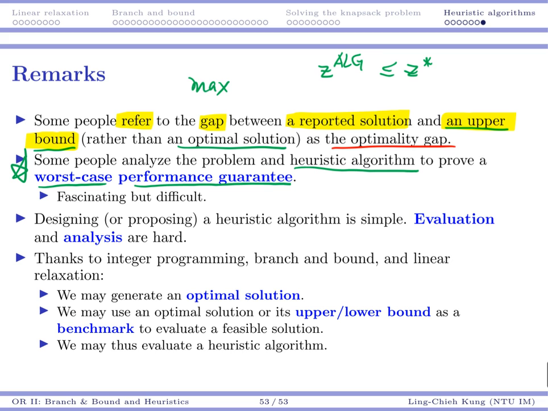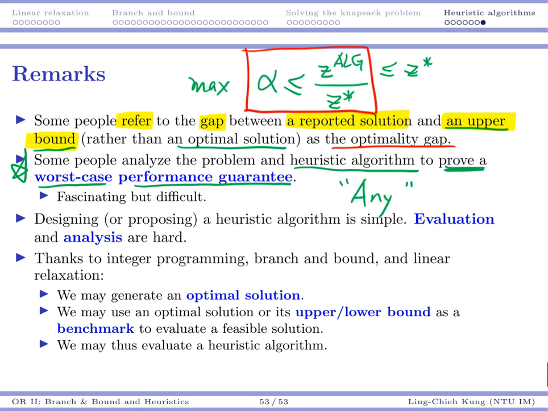We know that. But we also try to prove a worst case performance guarantee, saying that for any possible instance, our Z ALG is not going to be too small. The ratio between Z ALG and Z star is going to be greater than or equal to some factor, typically denoted as alpha.